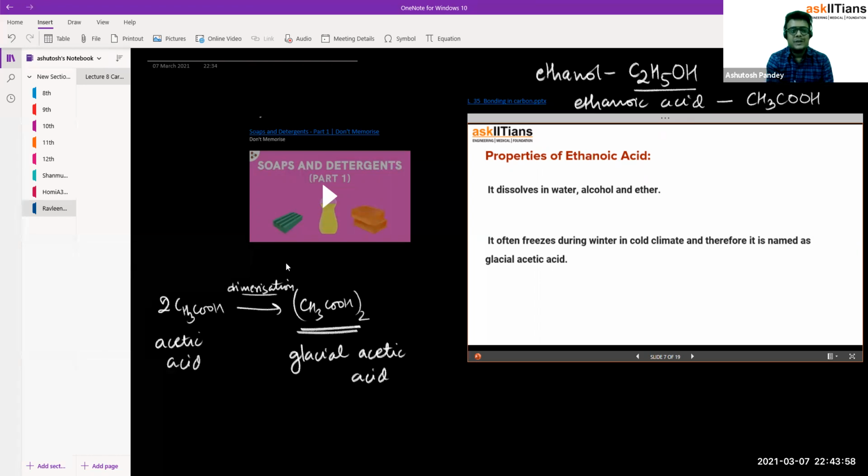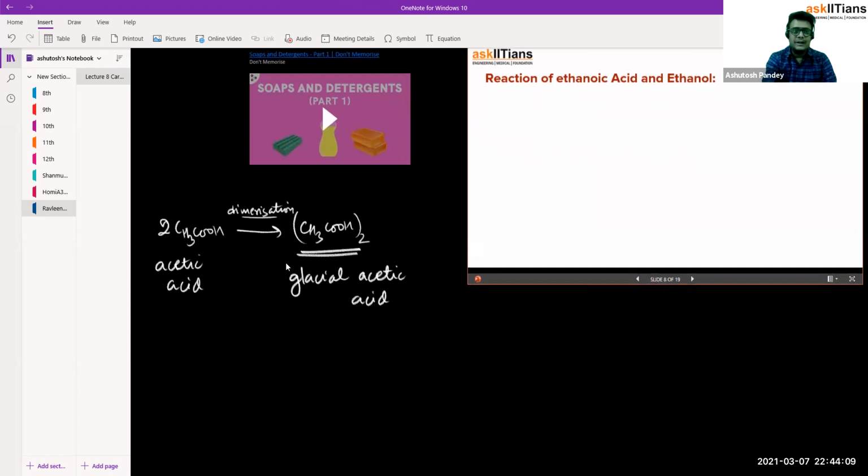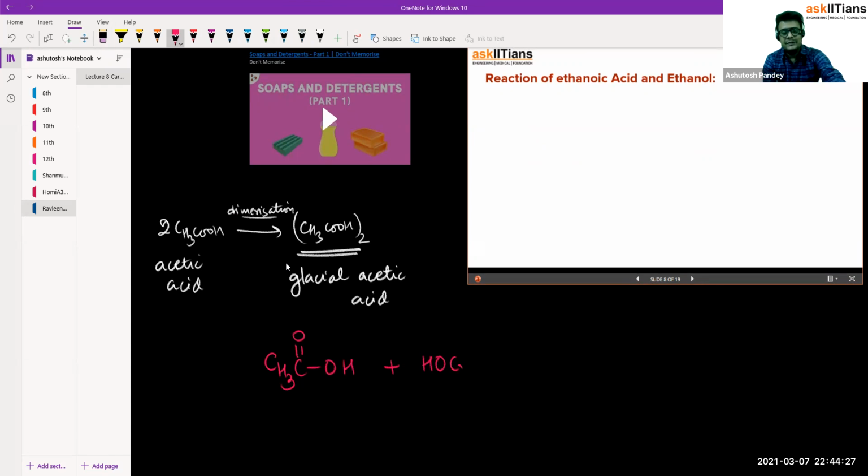Similarly, we'll have the reaction of ethanoic acid and ethanol. This is a very important reaction. Let's write it. We have ethanoic acid, that is CH3COOH, and we have C2H5OH.